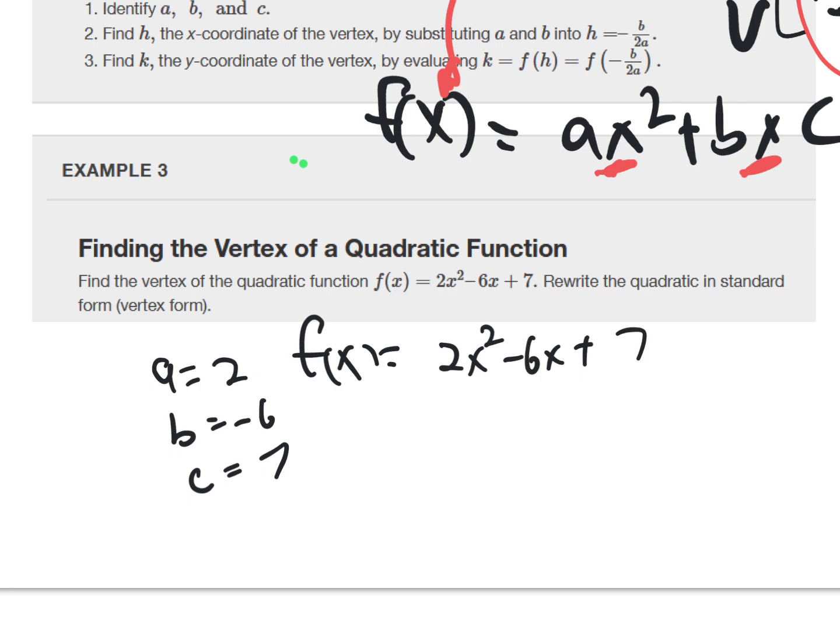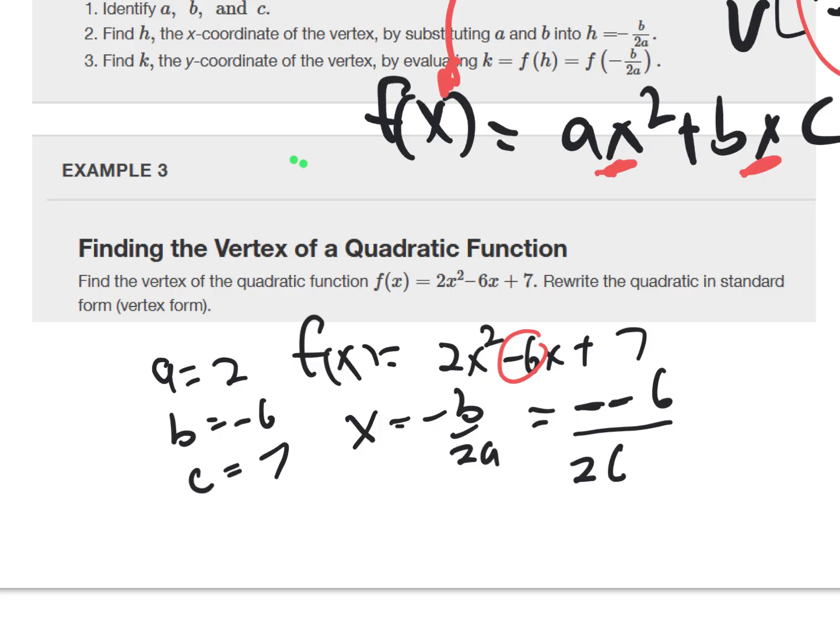So let's find out, my x value of the vertex is opposite of b over 2a, that gives me opposite of negative 6, all over 2 times a, which is 2.